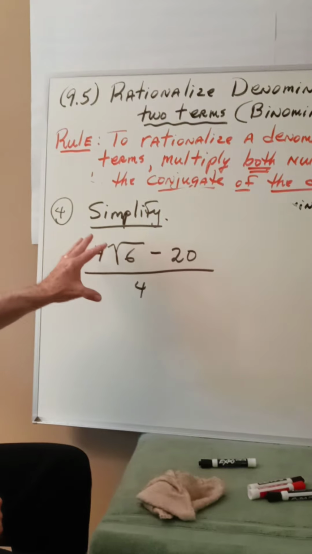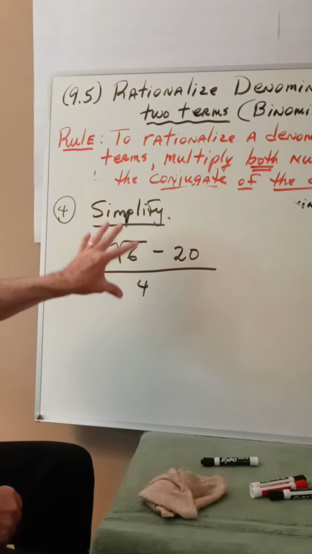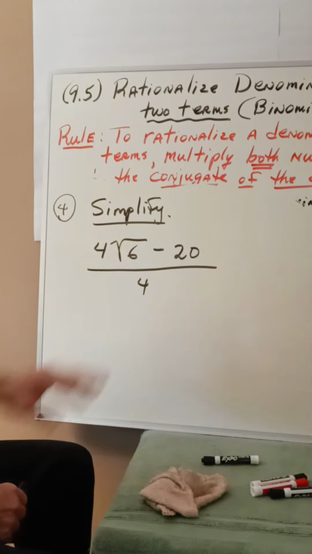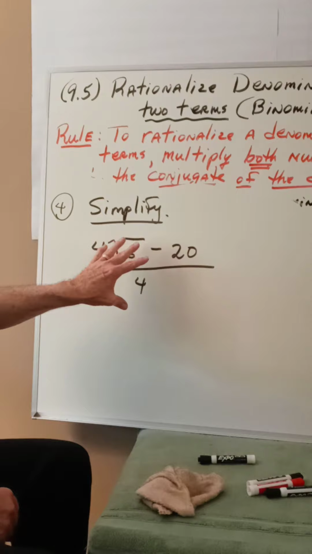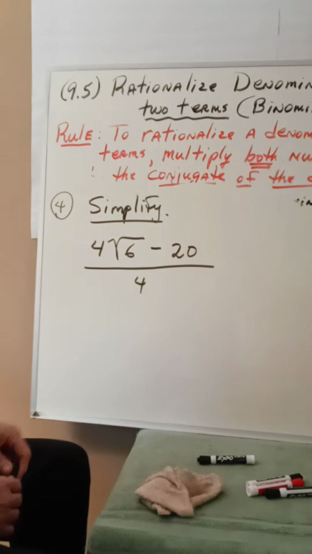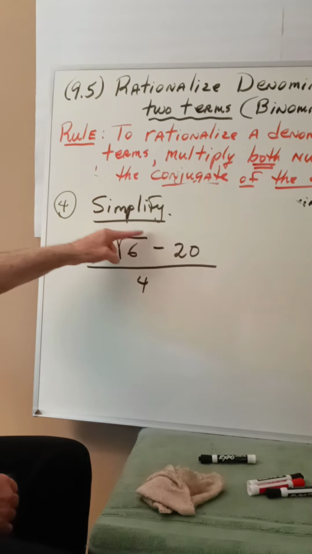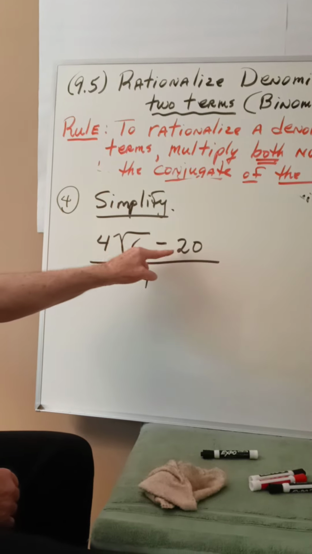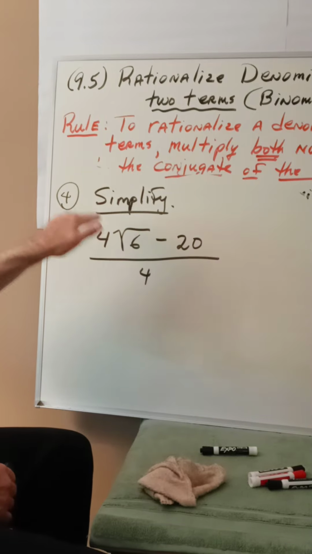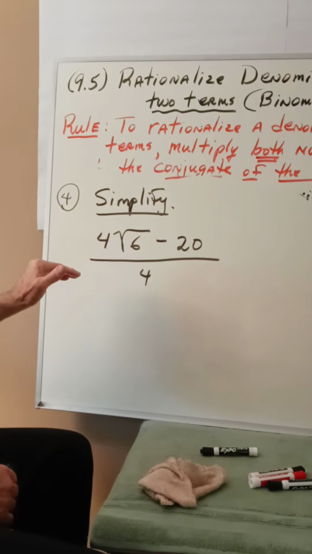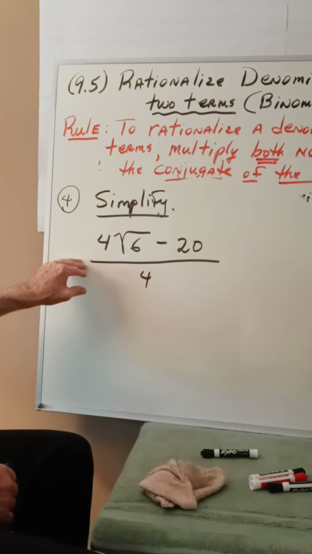Sometimes, not all the time, but sometimes you're able to take an answer and reduce it. This one can be reduced. This is a binomial on top. This is term number 1, and this is term number 2. And each one of these terms has a common factor that they both share.